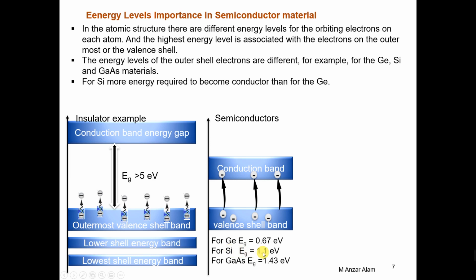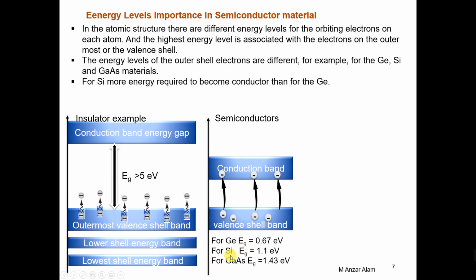For silicon it is 1.1 electron volts. For silicon we need more energy to jump, and for gallium arsenide it is even higher. So germanium requires less energy. It means for the germanium semiconductor it is easier to make free electrons because it requires less energy.